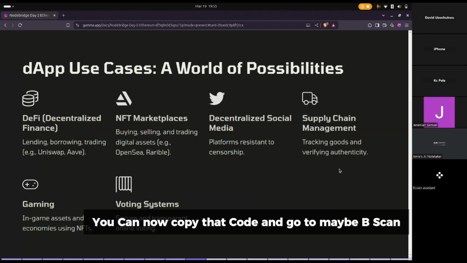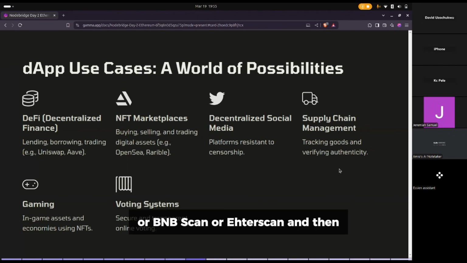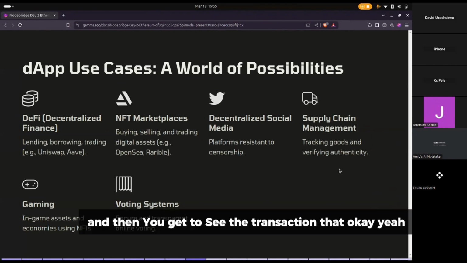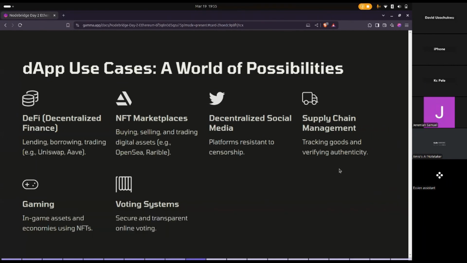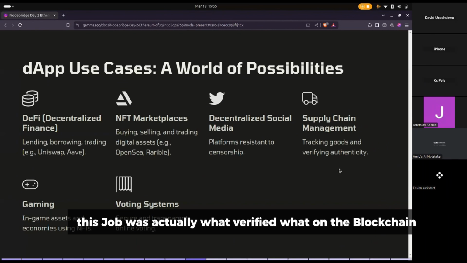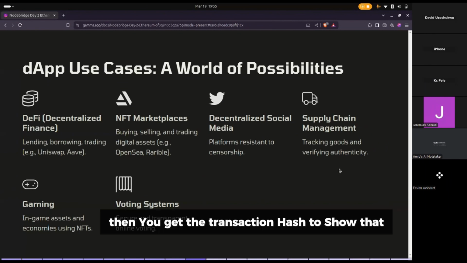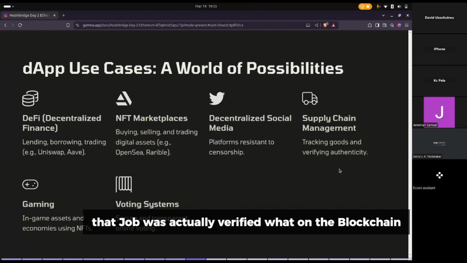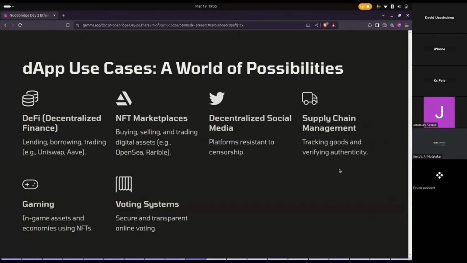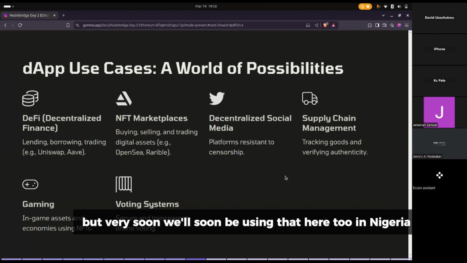You can copy that code and go to maybe BaseScan or BNB Scan or Etherscan, and then you just type in that hash, and you get to see the transaction that, okay, this drug was actually verified on the blockchain. Or there will be a platform whereby you can put in that unique ID, then you get the transaction hash to show that that drug was actually verified on the blockchain. Some countries use that, but very soon we'll be using that here too in Nigeria.